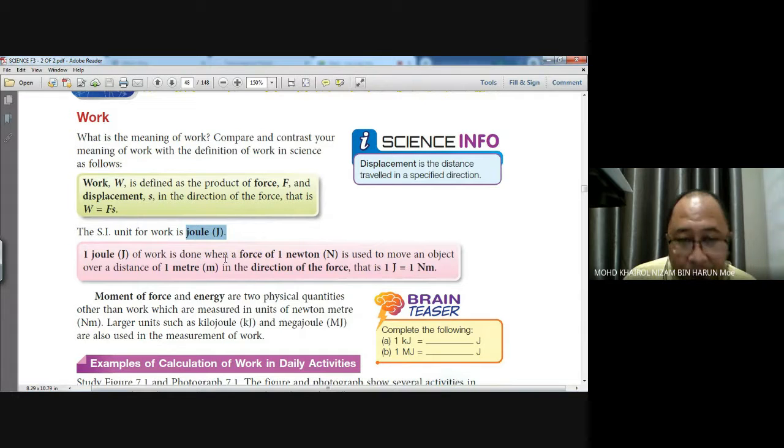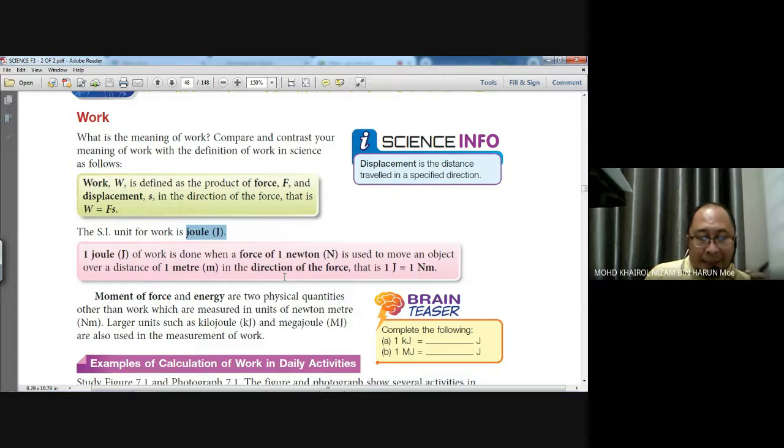Now, if we say that 1 joule of work is done, it means that 1 Newton of force is applied to an object over a distance of 1 meter. So work is done with a unit of 1 joule when 1 Newton of force acts on any object over a distance of 1 meter.